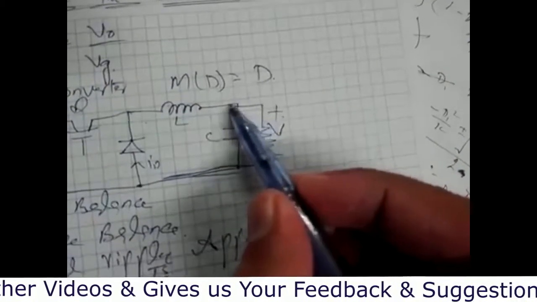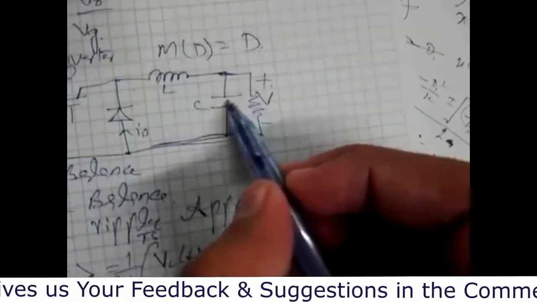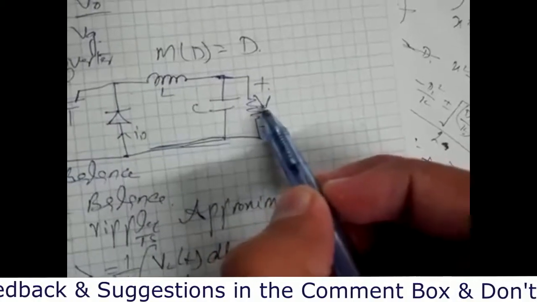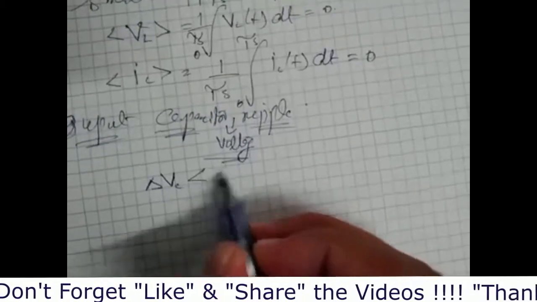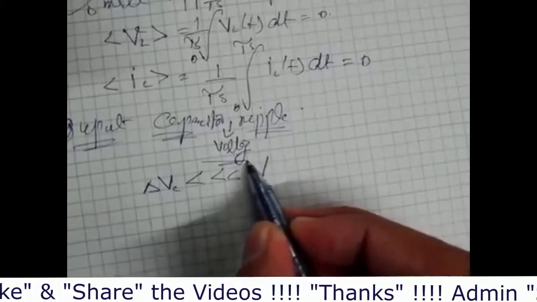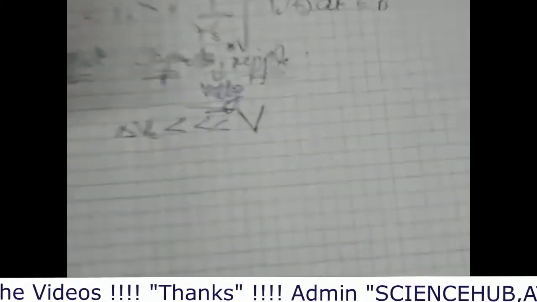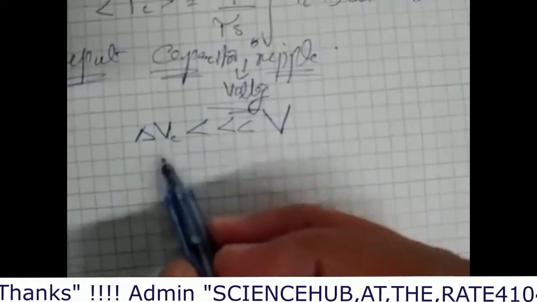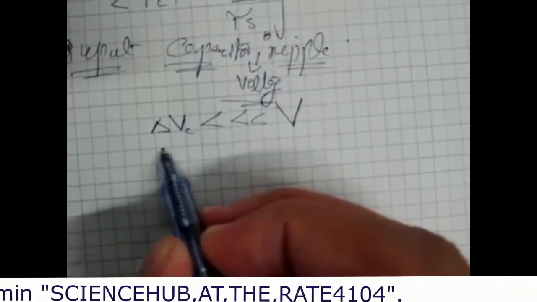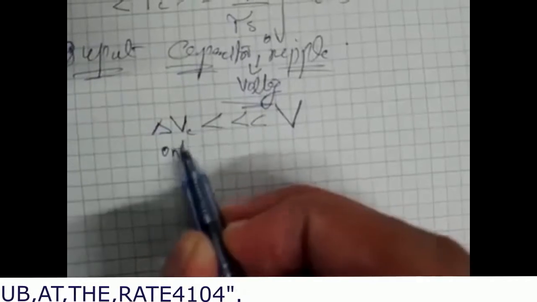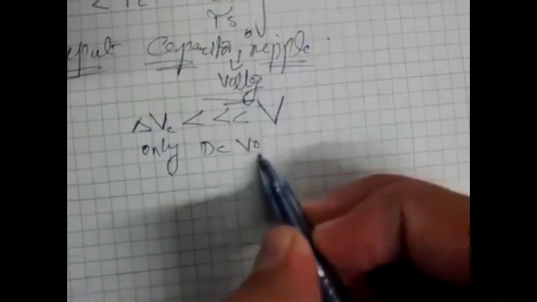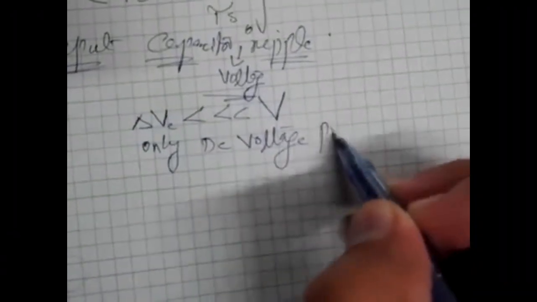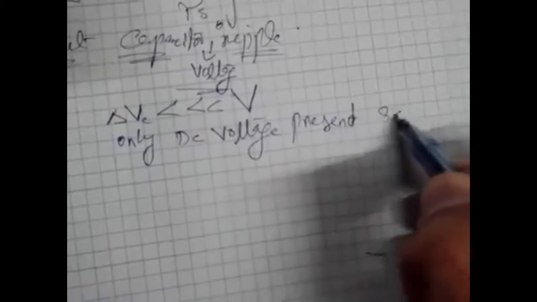So in DCM the condition must be that the ripple in this voltage must be smaller than the DC voltage, that is, the ripple in the capacitor voltage must be smaller than the DC voltage. So we can say that in the capacitor only DC voltage is present across it.